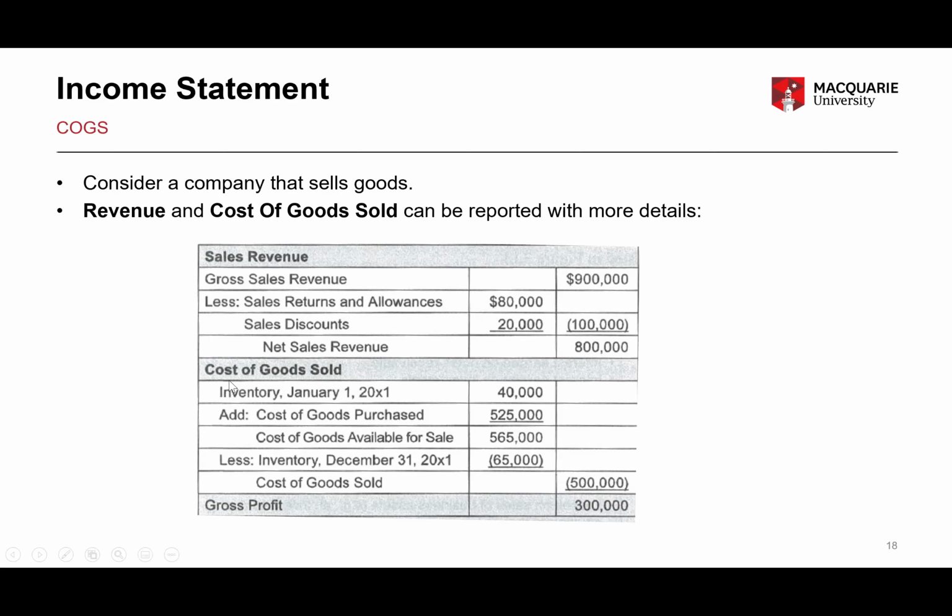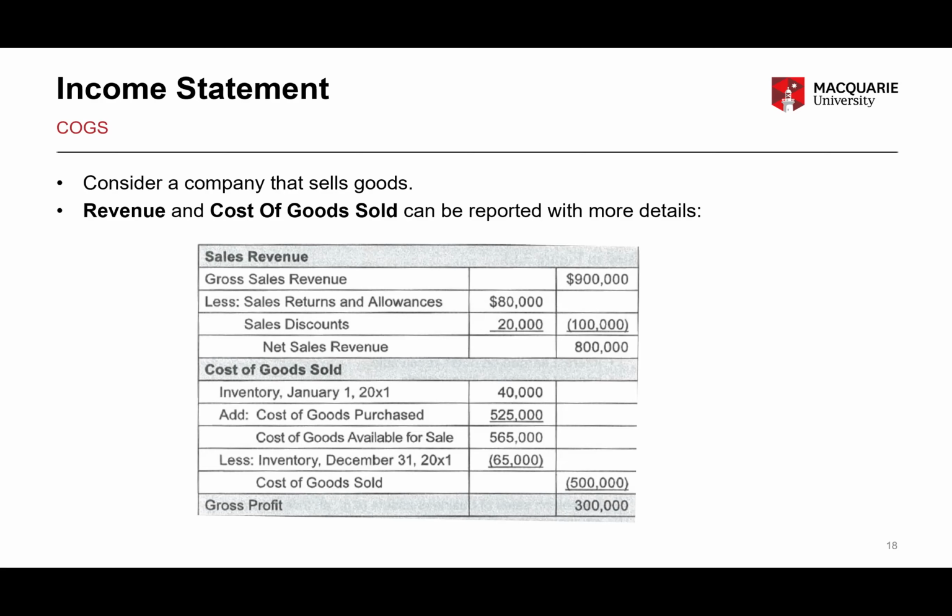Then if it's a retailer, as I mentioned, it's going to have cost of goods sold. So we need to know what was the cost of the goods that we sold. We know how much revenue we earned from it, but how do we work out the actual cost of these goods? Now, a lot of businesses are going to have some kind of computer point of sale systems where they can automatically update this as they make their sales, the cost of goods sold.